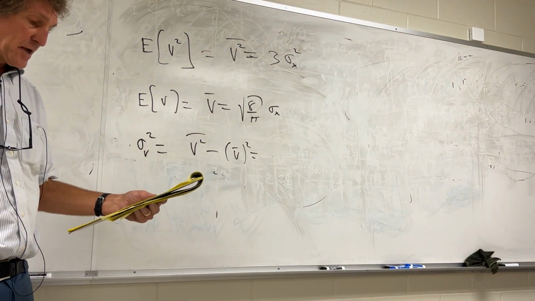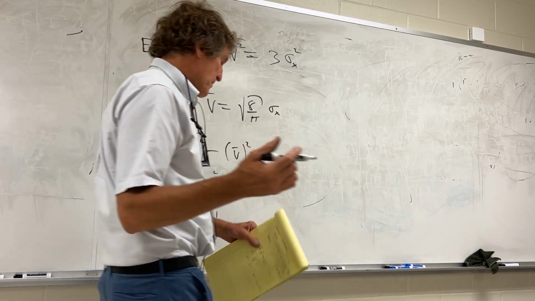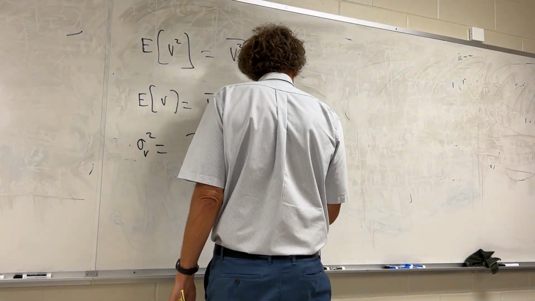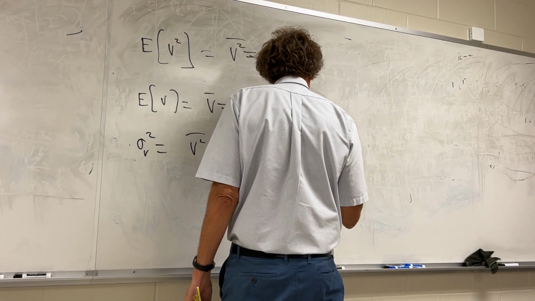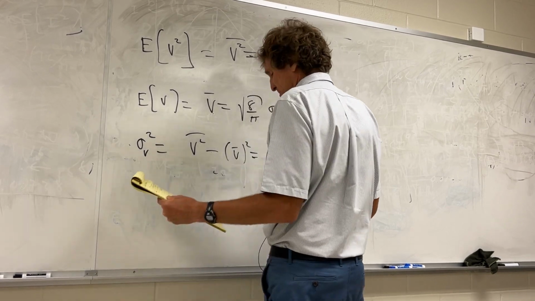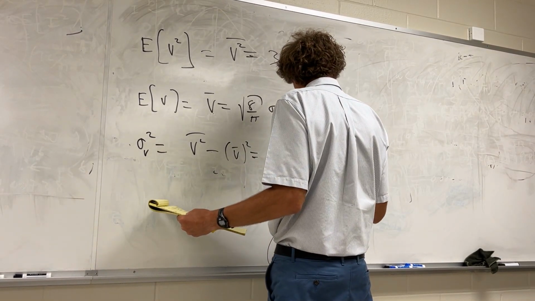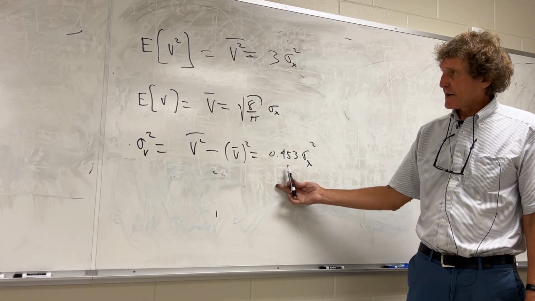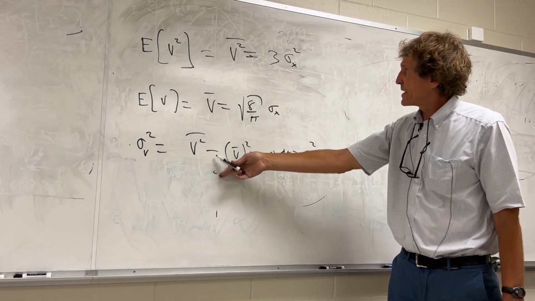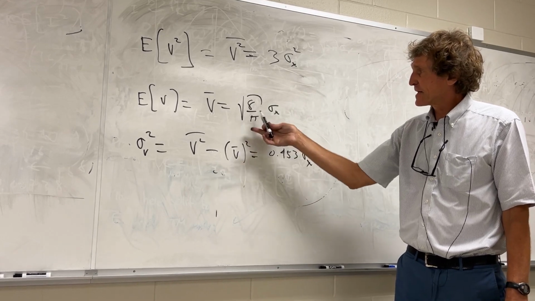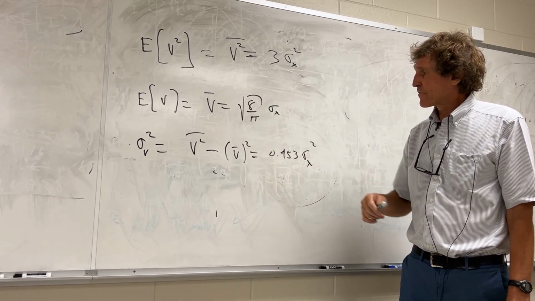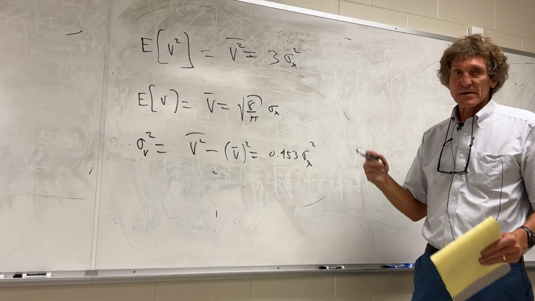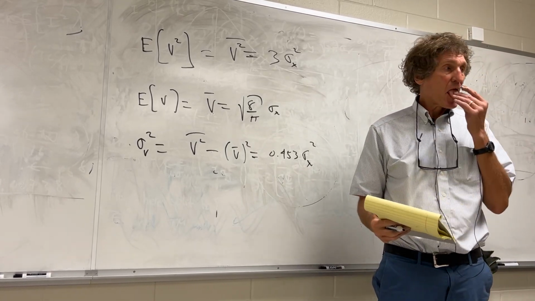I don't even know if he has that in the book. But it's 0.453. Yeah, he does. 0.453 times sigma squared, and that's the Gaussian sigma. This can be done by taking 3 sigma x squared minus this mean squared. You're going to get 8 over pi sigma x squared. You can just calculate that yourself; you don't have to have that.